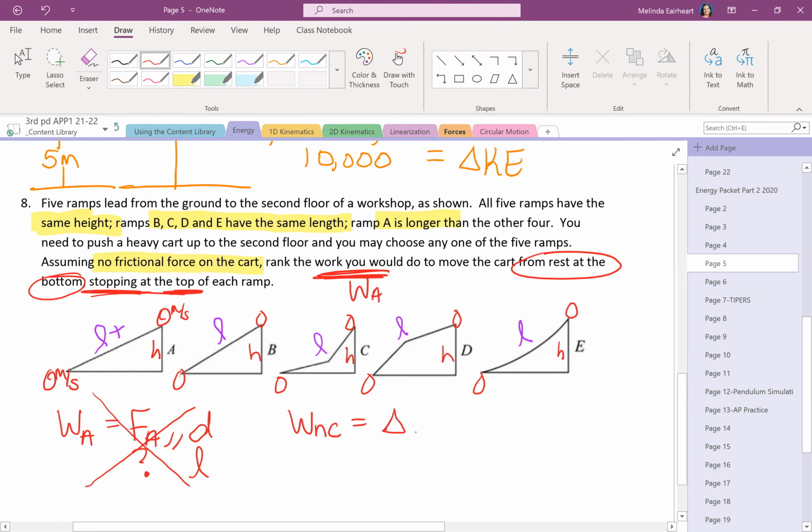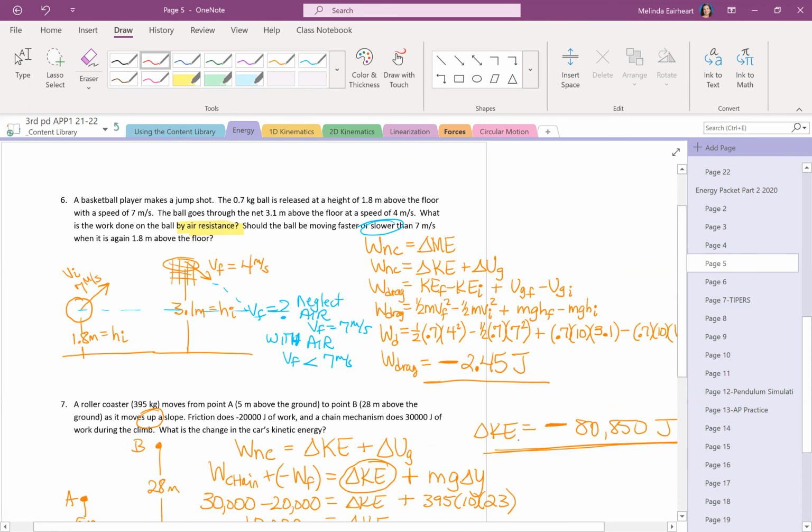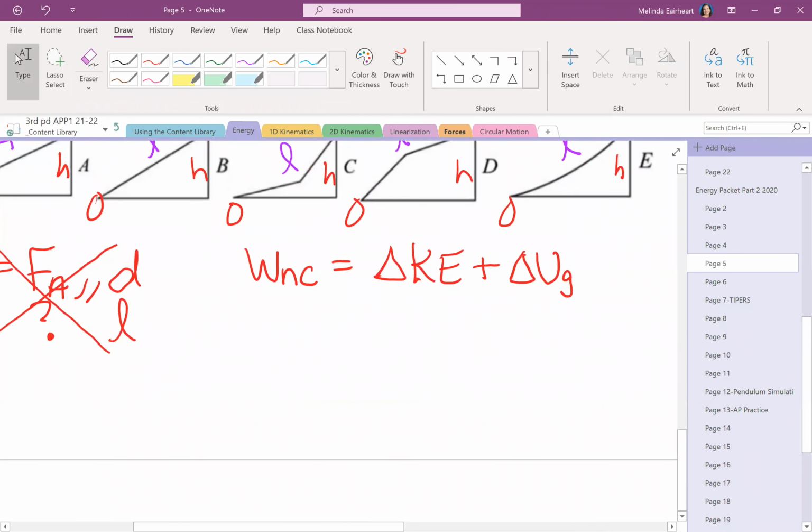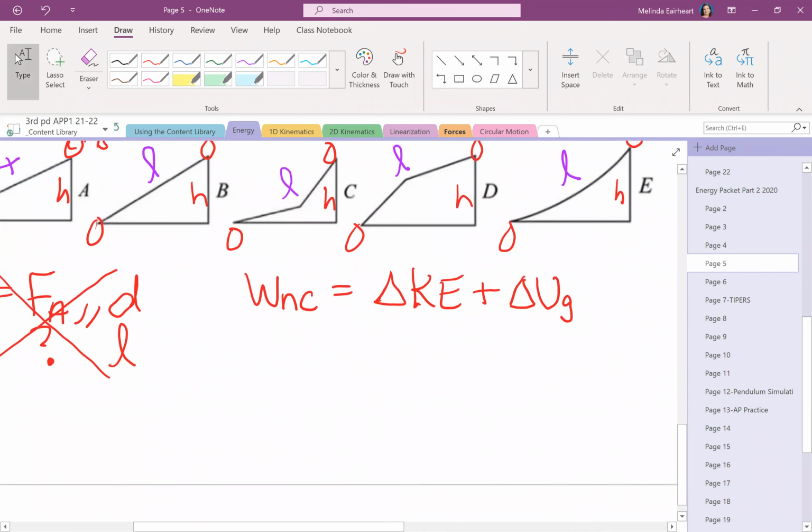We're going to use that work energy theorem again. Non-conservative work equals changes in mechanical energy. And again, I broke mechanical down into its kinetic plus potential energy. Well, if you start at the bottom of the ramp at rest and you come to a stop at the top, what's your change in kinetic?